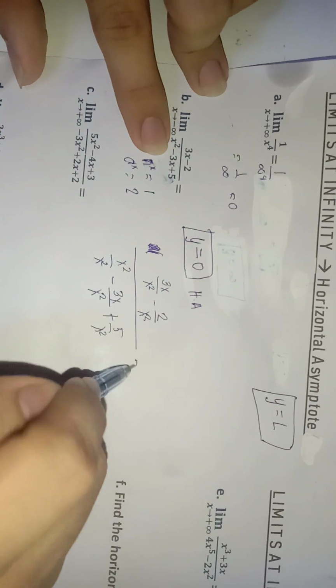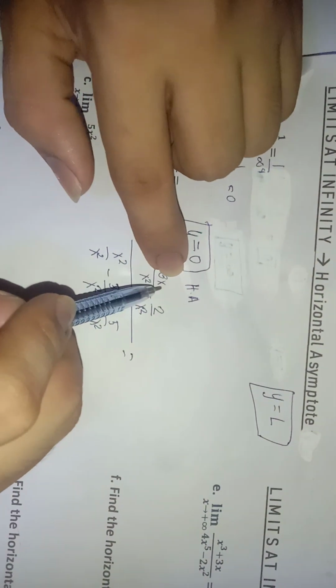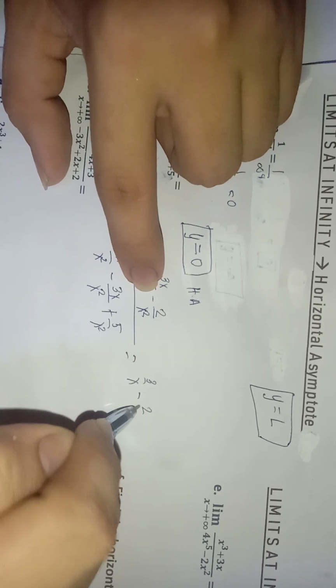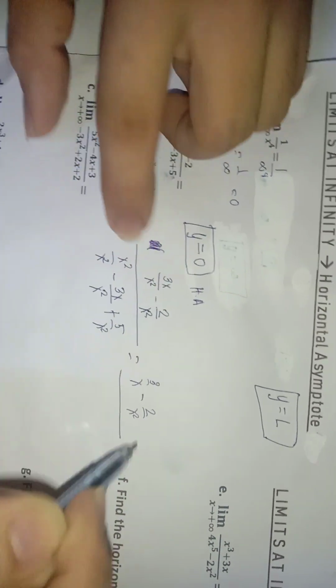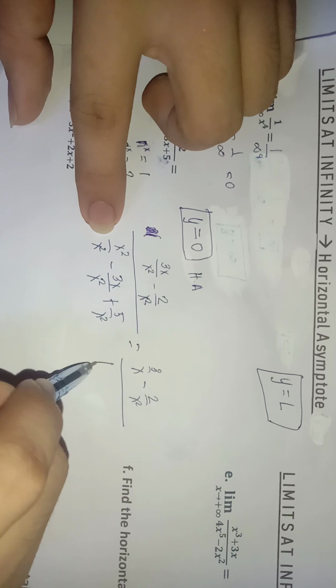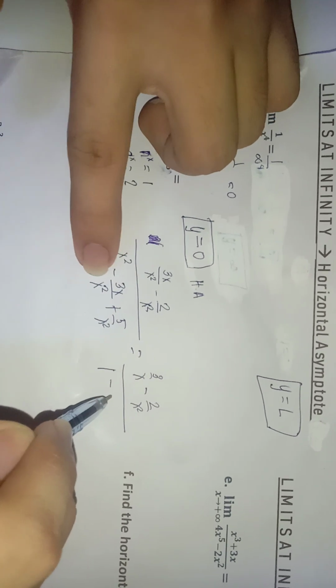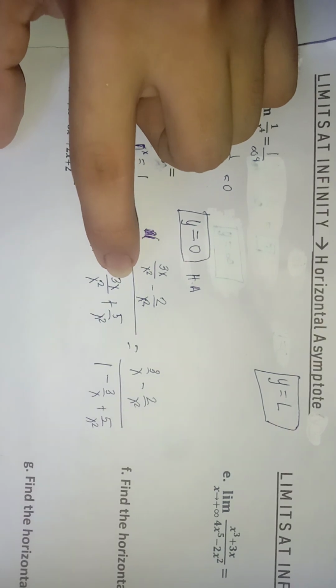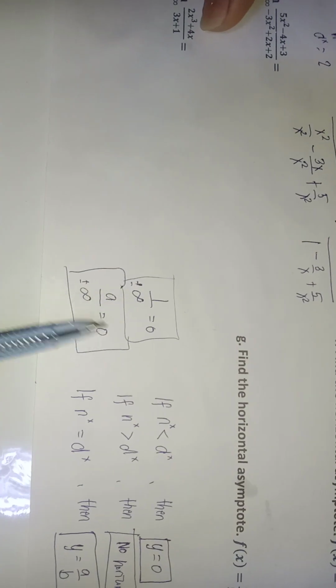Okay? Then simplify natin. So, 3x divided by x squared is 3 over x. Ito naman, copy natin yung x squared over, so this will become 1. Ito naman, cancel yung x, magiging 3 over x. So, copy si 5 over x squared. Then, we will apply the concepts of this.